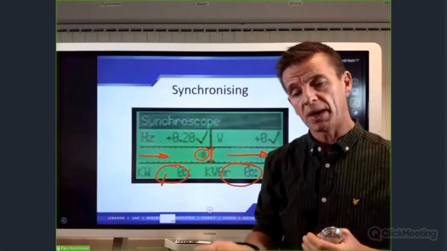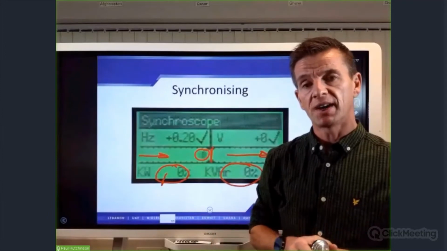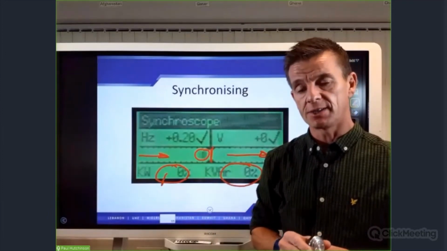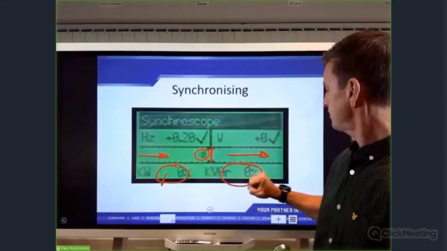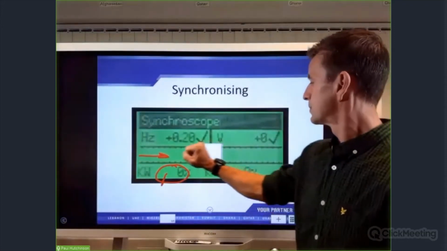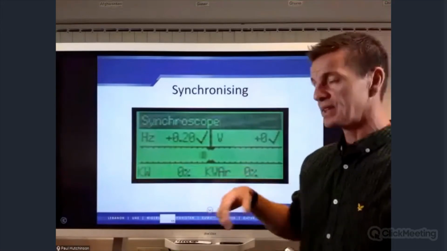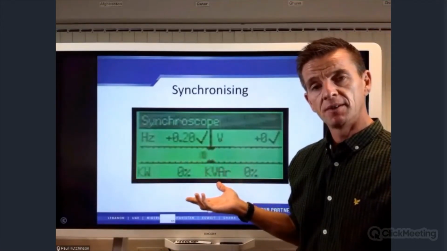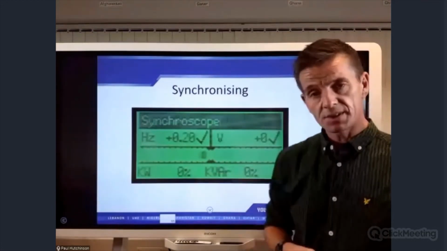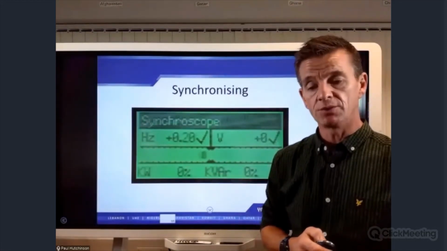And of course, depend on the size of genset that it is. So say each synchronizer panel will have a different screen. But as I say, this is the Deep C one that we use.